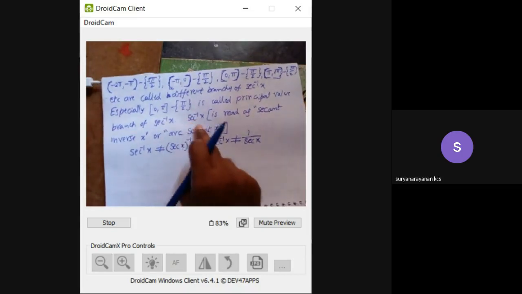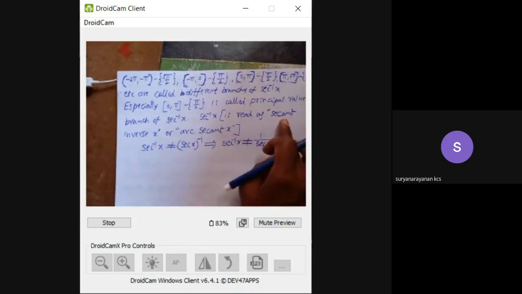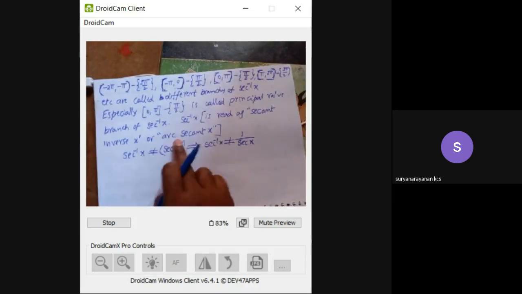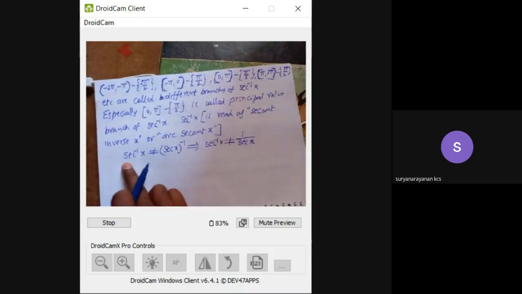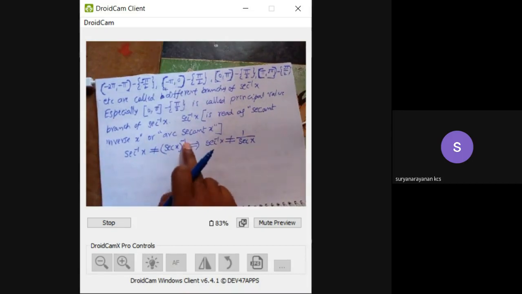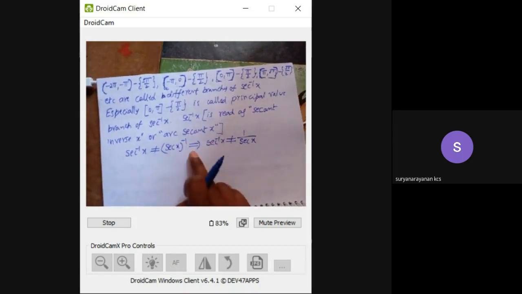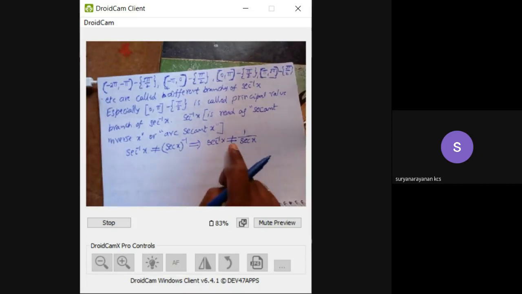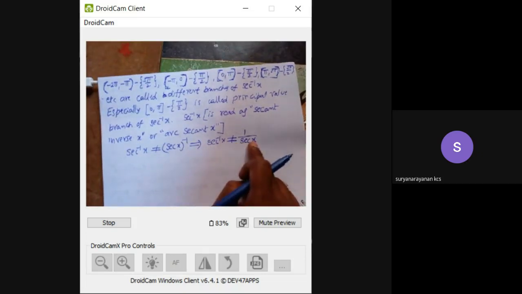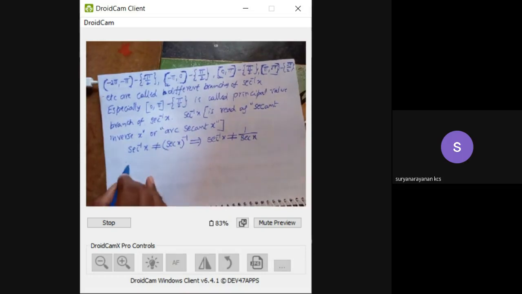Here this notation is called secant inverse x or arc secant x. Here also secant inverse x is not equal to secant x whole to the power of minus 1. That is, secant inverse x is not equal to 1 by secant x. Okay, my children.